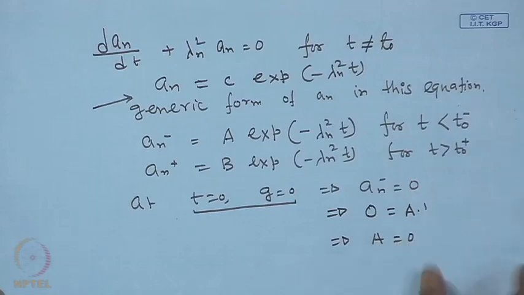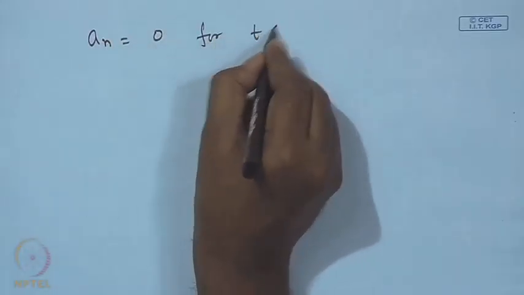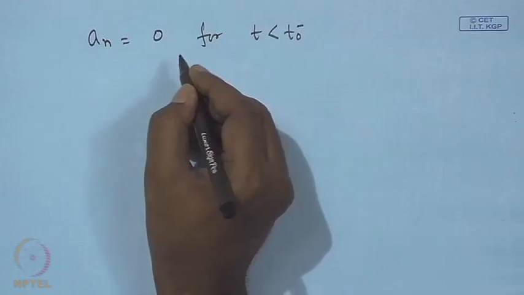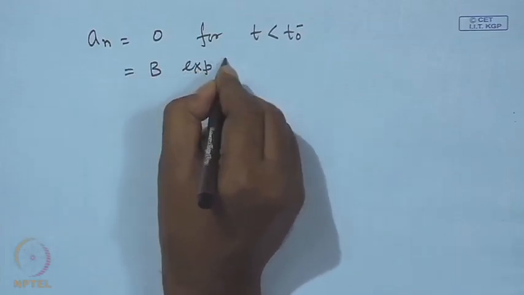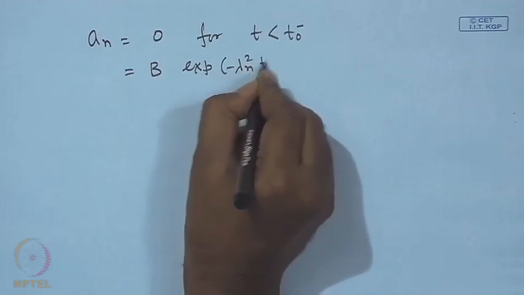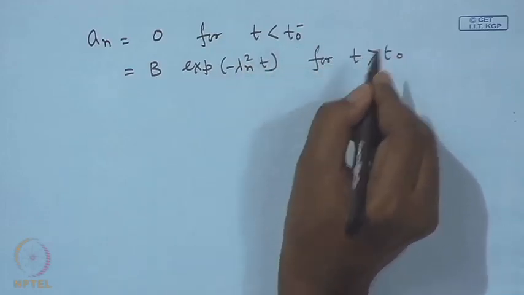So, we can get an expression of A n now. The expression of A n is equal to 0 for t less than t 0 minus, and this is equal to b exponential minus lambda n square t for t greater than t 0.